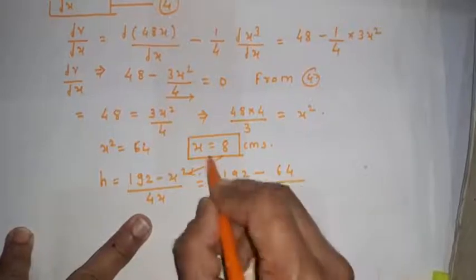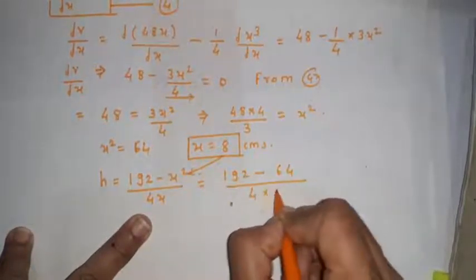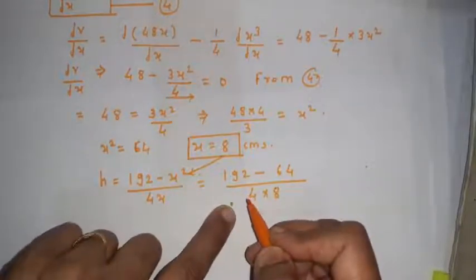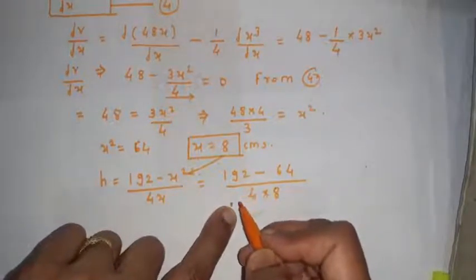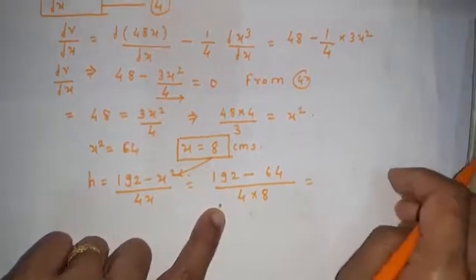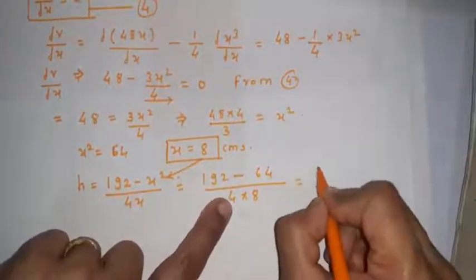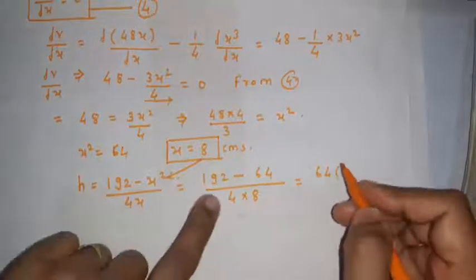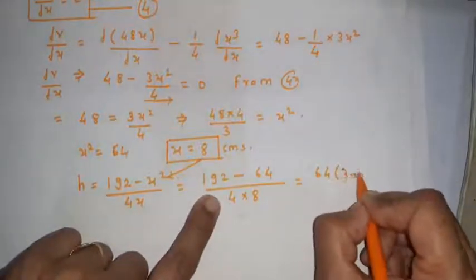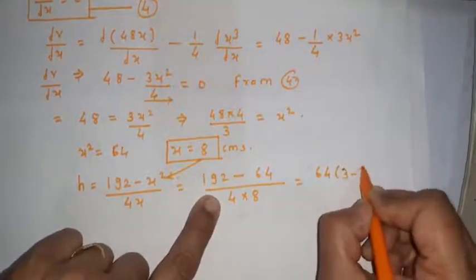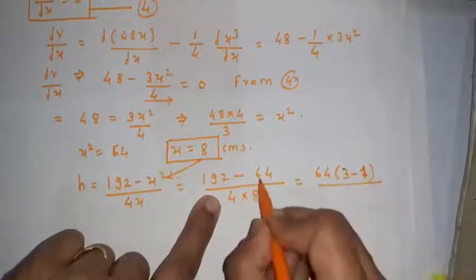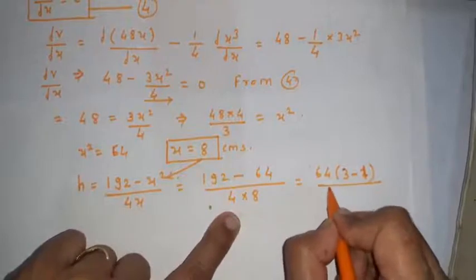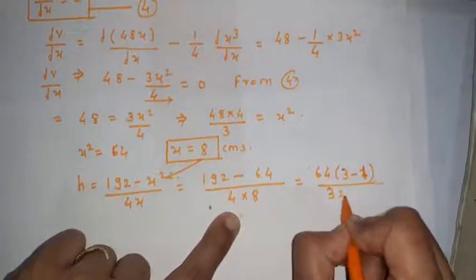64, that is 8 square, and 4 into 8. That is equal to 192 minus 64, and suppose we common out 64 here, that is 3 minus 1. 64 into 3 is 192, and 4 into 8 is 32.